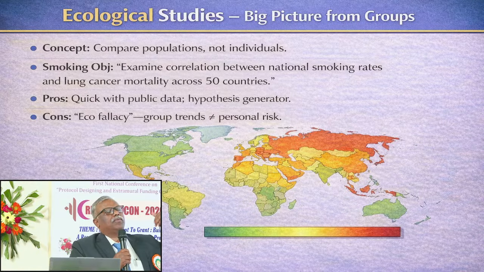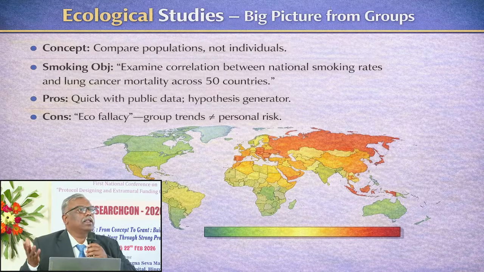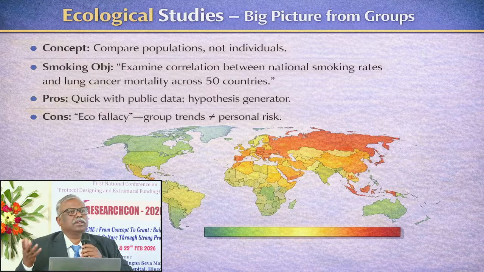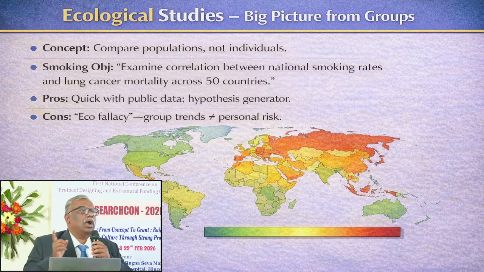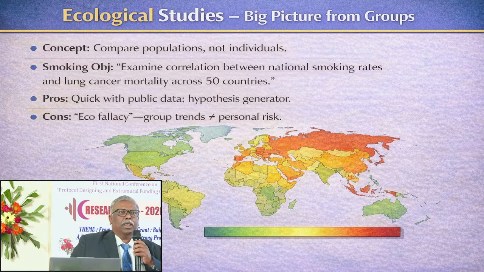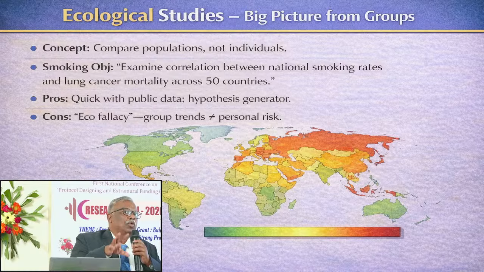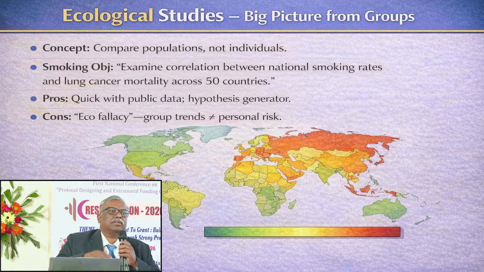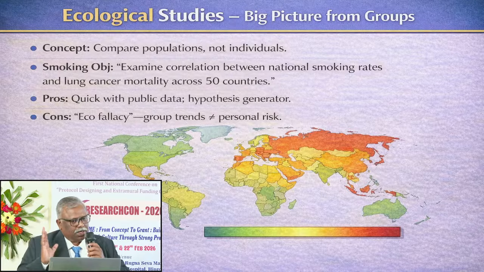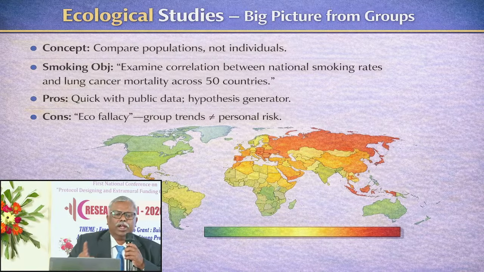It is called an ecological study because the unit of study is not the individual. Here it is the population that is at risk, not the person. So they are comparing the populations, not the individuals.